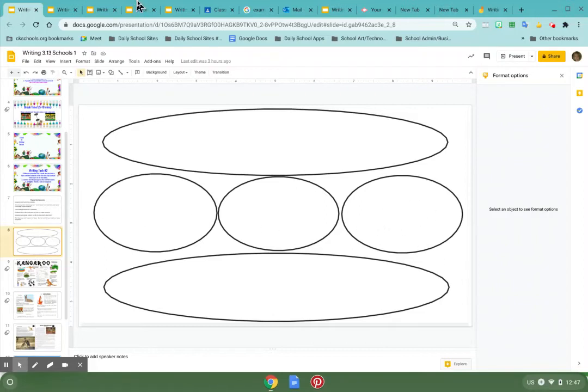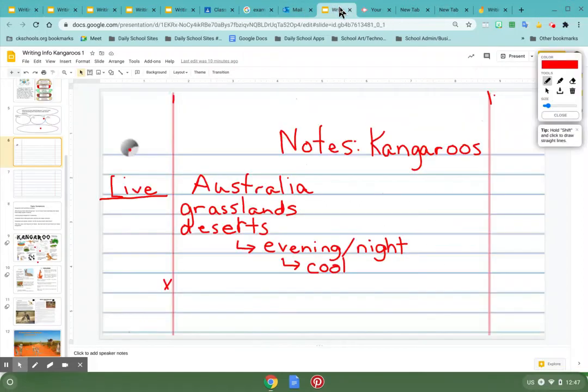So what I do is I go back to my notes right here. And right in here, I say diet. Okay. So if you want to stop it and set your notes up, I say diet. And then I go omnivore, herbivore, carnivore. And then I list some of the foods they eat so that I can make 2 really good sentences about that. Then pretend my paper goes down.